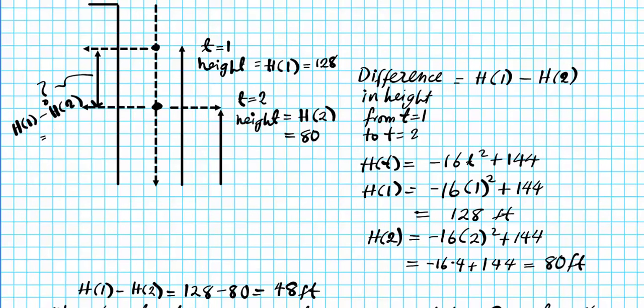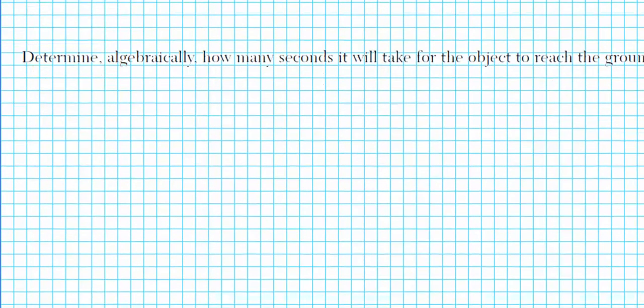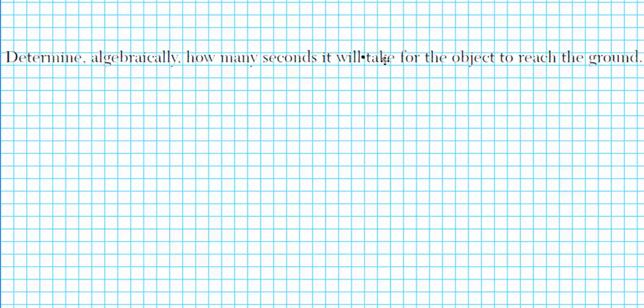Okay, now let's go ahead and take a look at the second part of question 33. It says determine algebraically how many seconds it will take for the object to reach the ground. When the object is on the ground, how far is it from the ground? 0 feet from the ground, right?